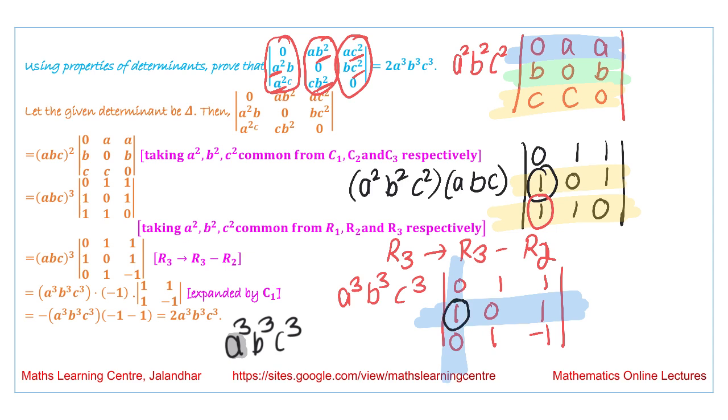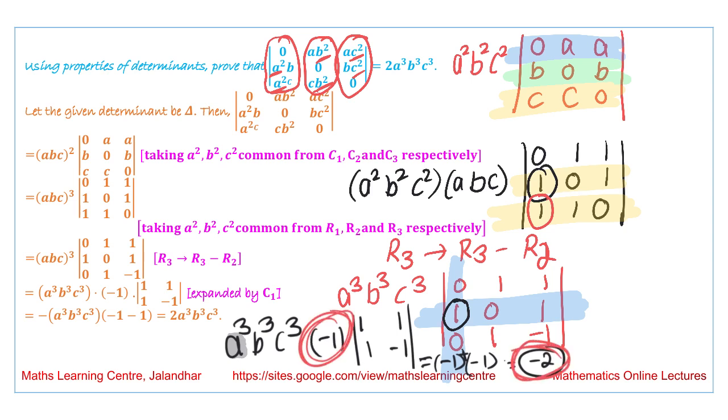If we are opening the determinant along this, it is minus 1 over here, and we are left with this determinant of 1, 1, 1 and minus 1, and this value comes out to be minus 1, minus 1, so it is minus 2. So what we are obtaining, it is minus 2 over here, minus 1 over here. So the final answer we obtain is 2 times a cube, b cube, c cube, and this is what we have to prove.